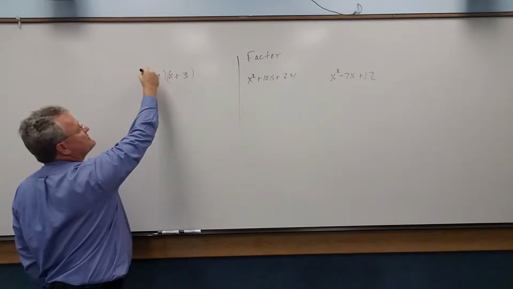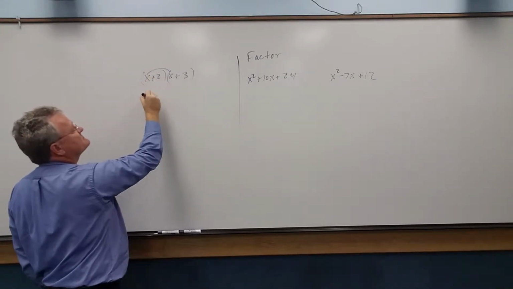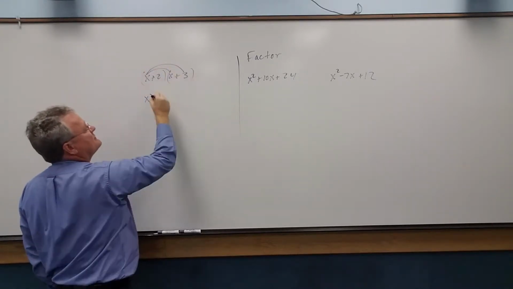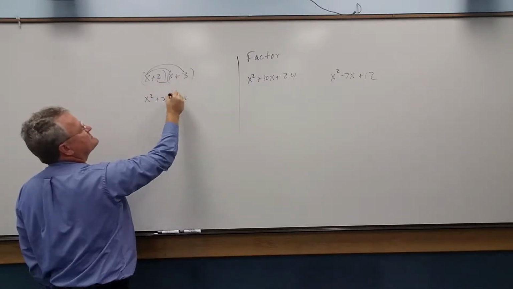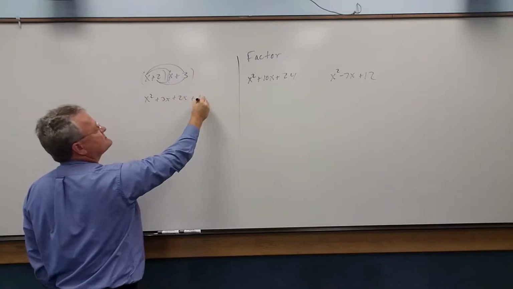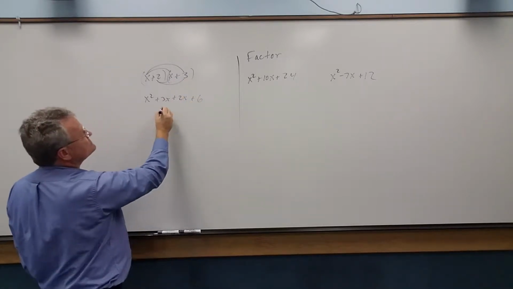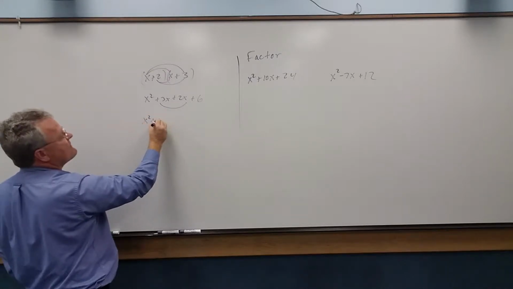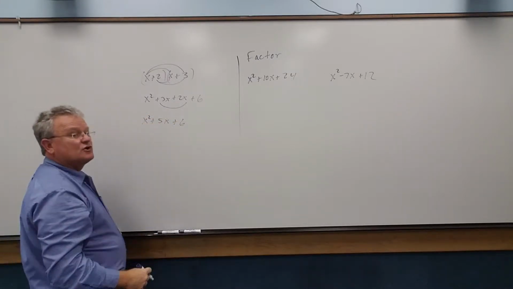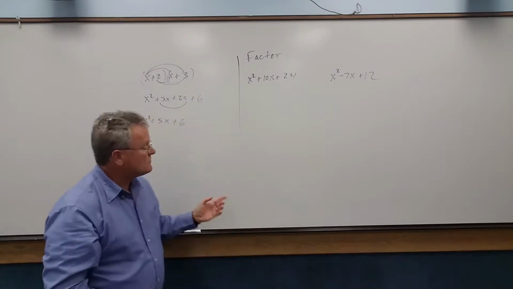Before I factor those, let's remember what we did earlier to multiply. When we multiply this, we take x times x is x squared, plus 3x plus 2x, and these multiply to 6. So notice when I add these together, we get 5x. So to go backwards, notice what we are doing.